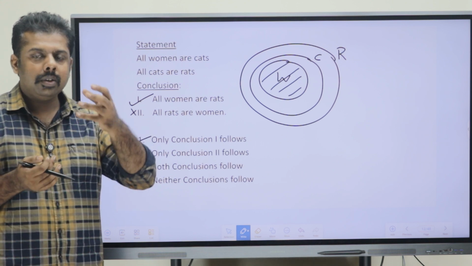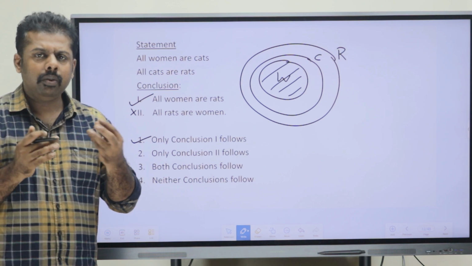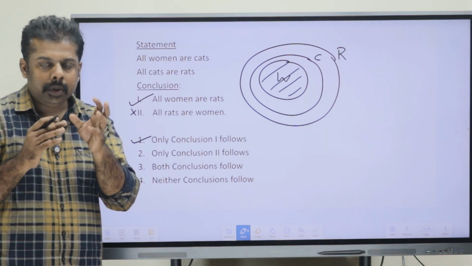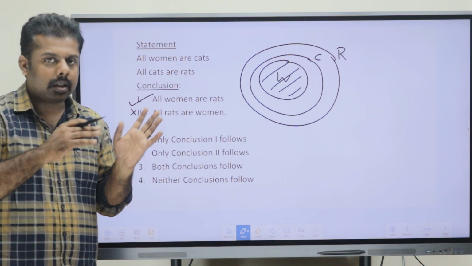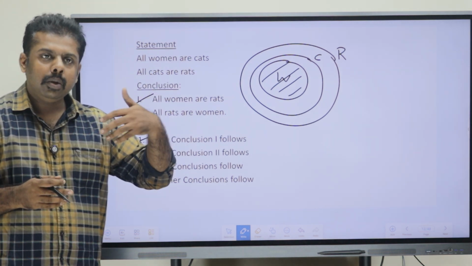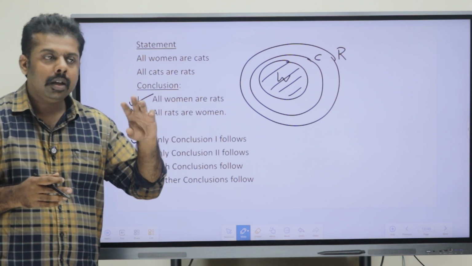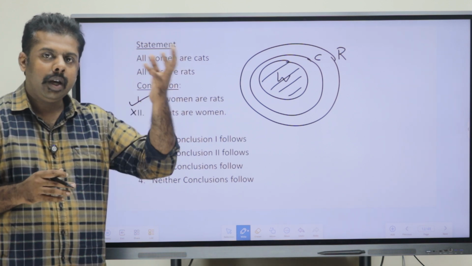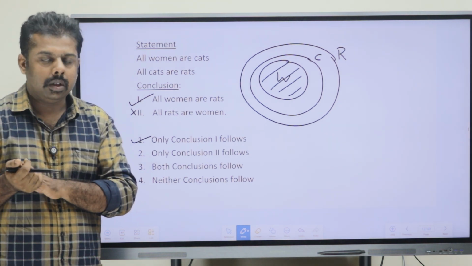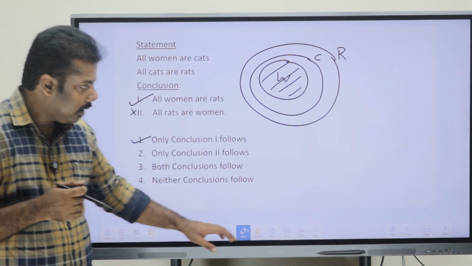Because if you are not able to give the reasoning, there always will be confusion in this topic. So like I said, if you are marking one conclusion as wrong, just try to understand why you are taking this as wrong or why it is right. If you are able to give that reasoning, it will be a bit easier. Now moving to the next question here.